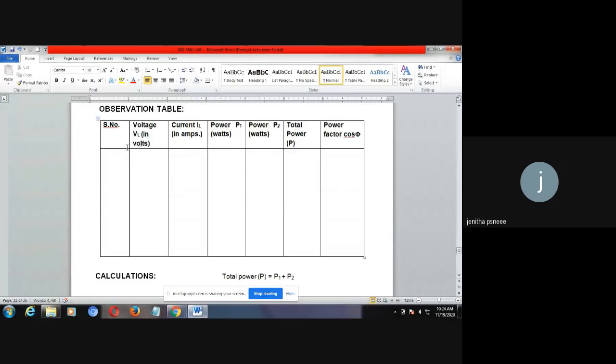For measuring the power and power factor, what tabulation do you have to take?